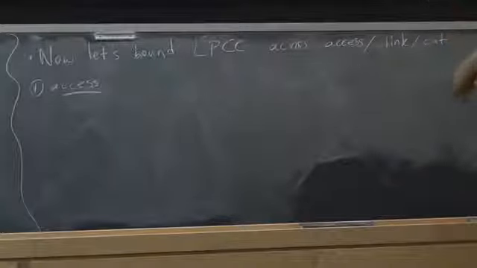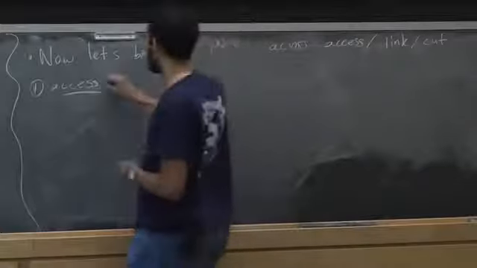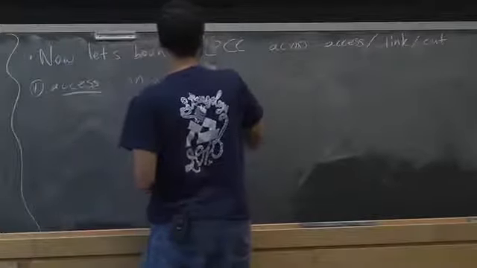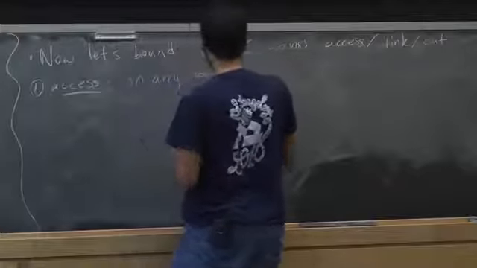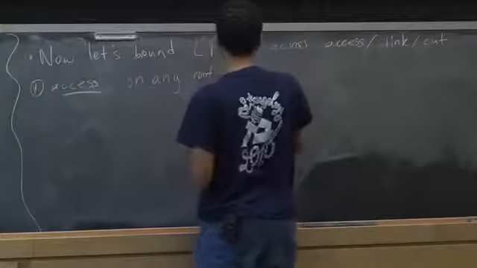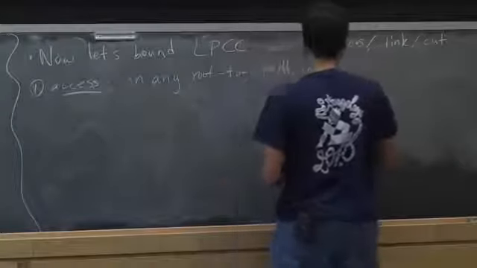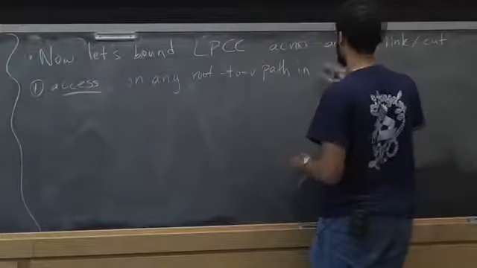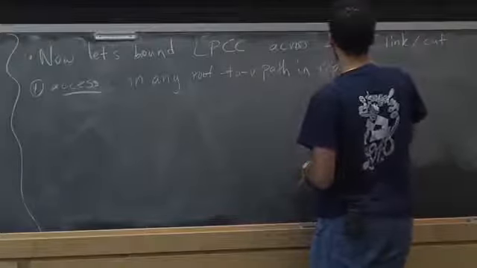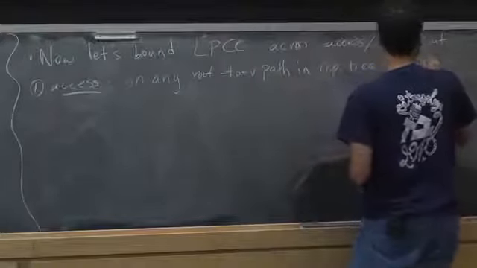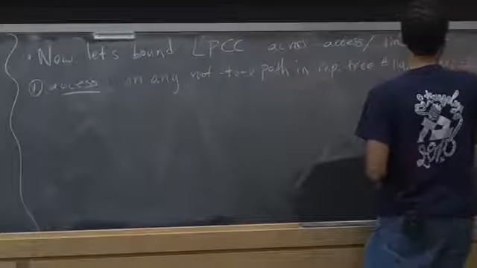Now, on any route to V path in the represented tree, the number of light edges is at most what?